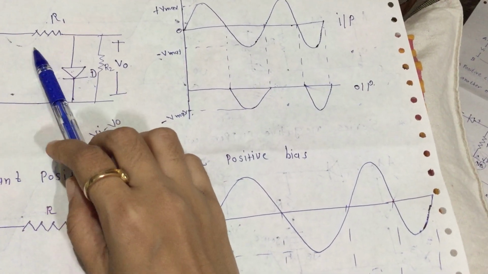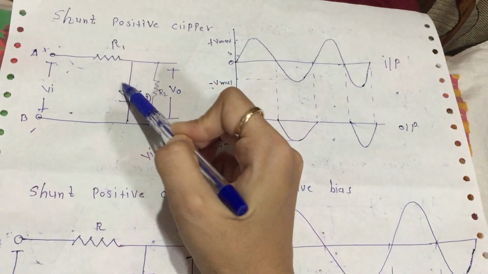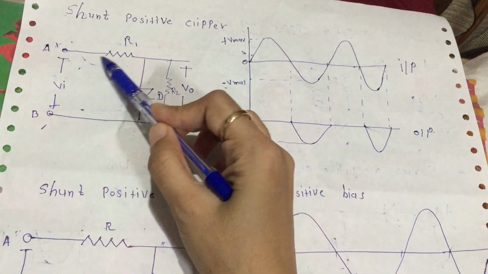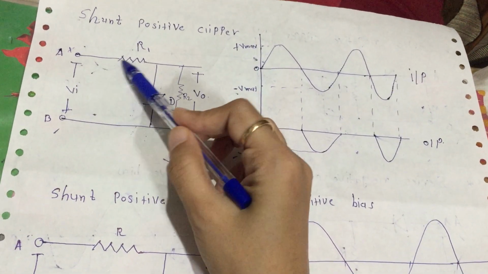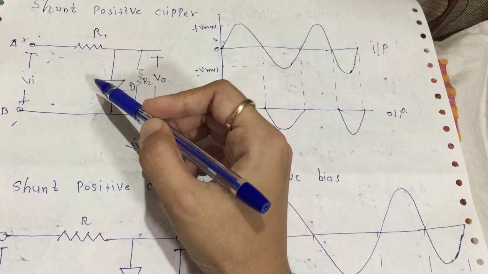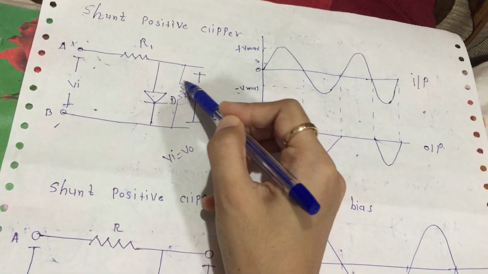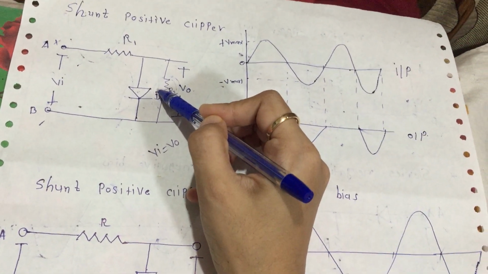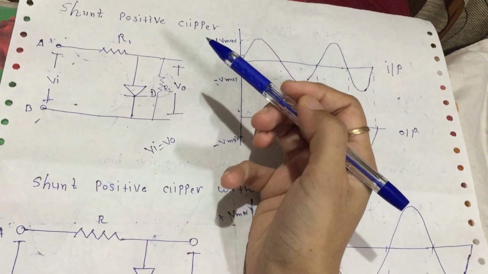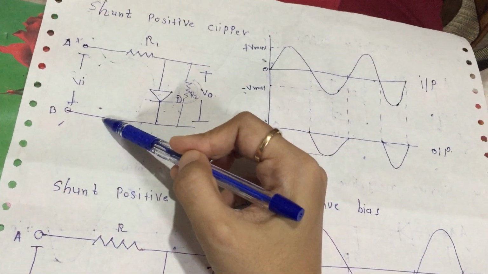The diode becomes forward biased. So current will flow like this, and it becomes a closed circuit. Alright, but the voltage across the load resistor R2 becomes 0 because no current will flow there, because the diode is forward biased.